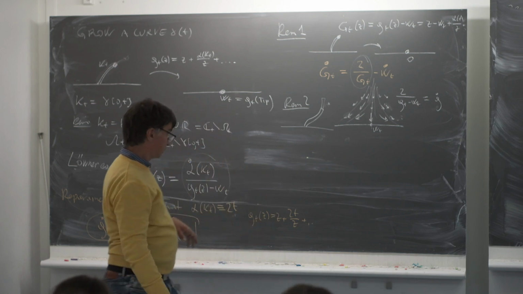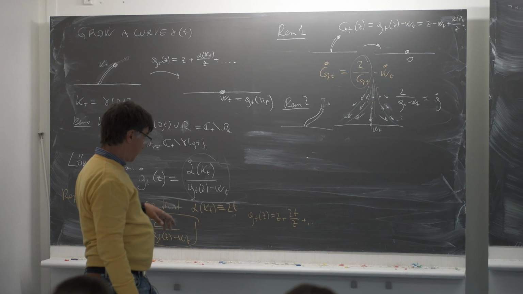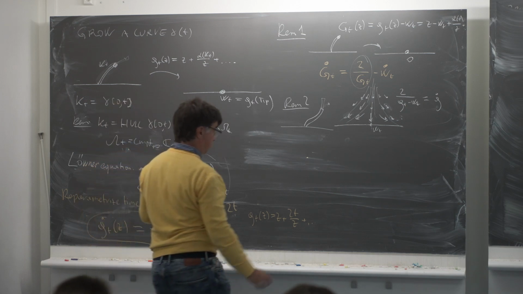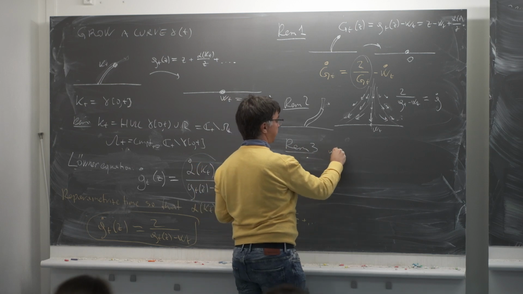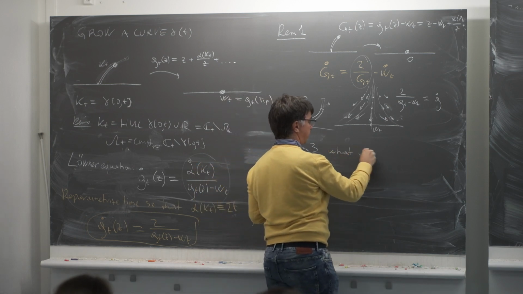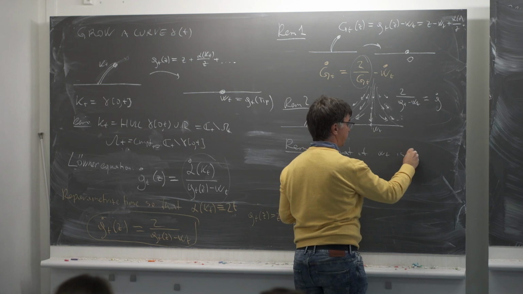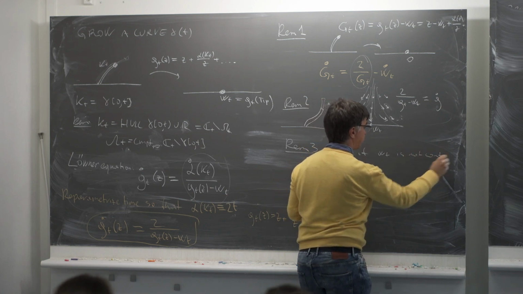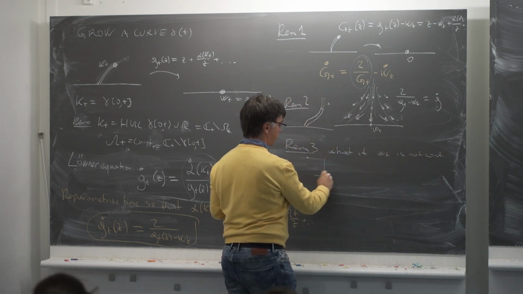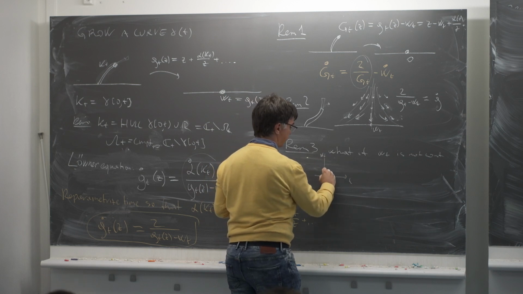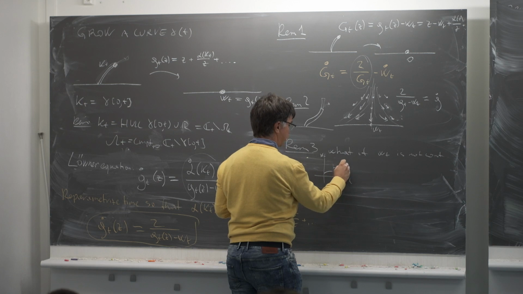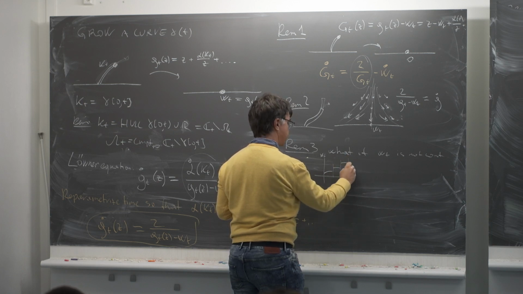Now, what can happen if W_t is not continuous? Suppose that you had W_t which was continuous, and then it jumped, and then it jumped again, and then again.